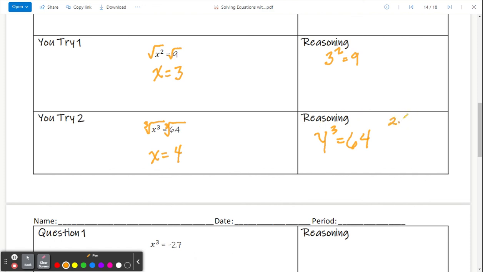I know it's more than 1, so 2 times 2 times 2: 2 times 2 is 4, times 2 is 8. 3 times 3 times 3: 9 times 3 is 27. I'm getting closer. 4 times 4 times 4: 4 times 4 is 16, 16 times 4 is 64. And so I would be able to track my thinking that way as well.